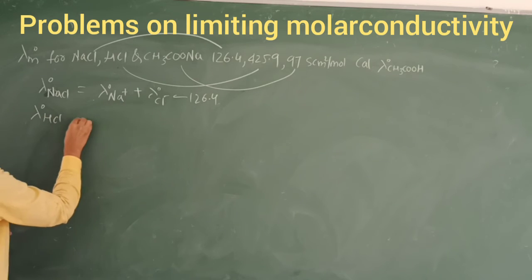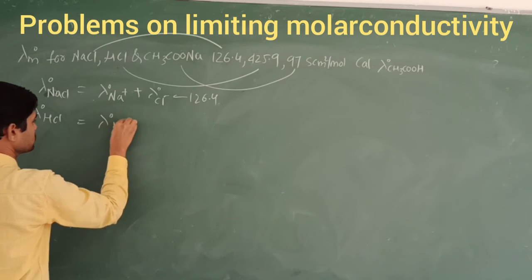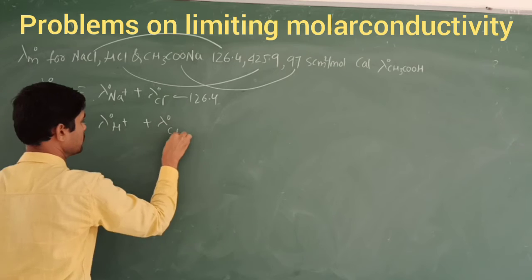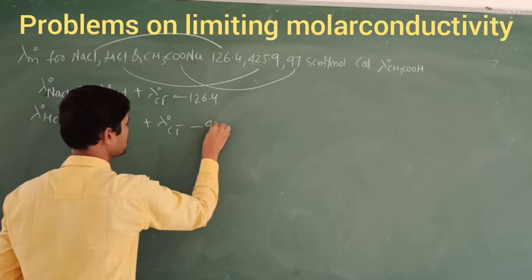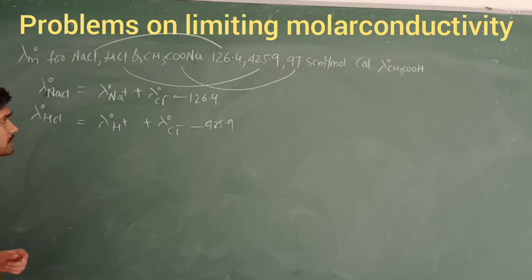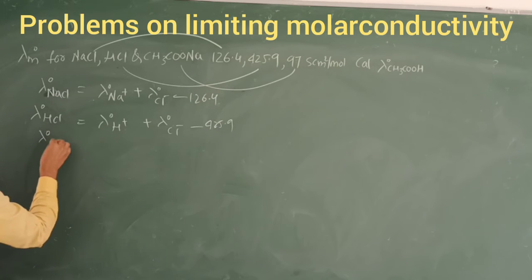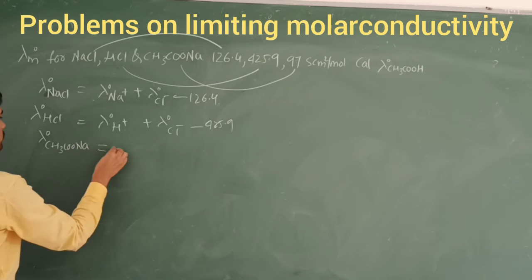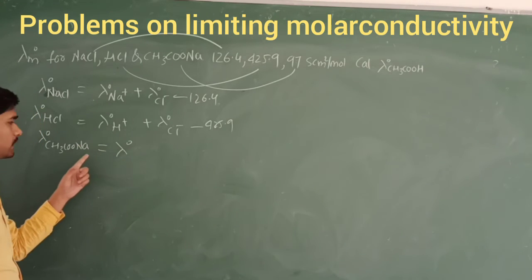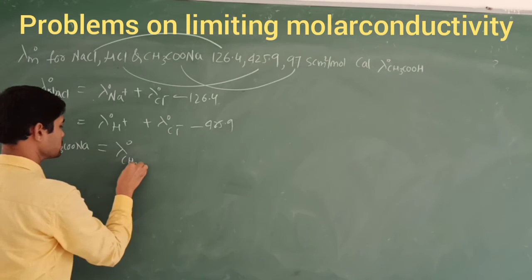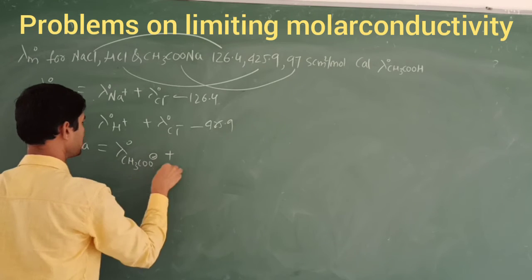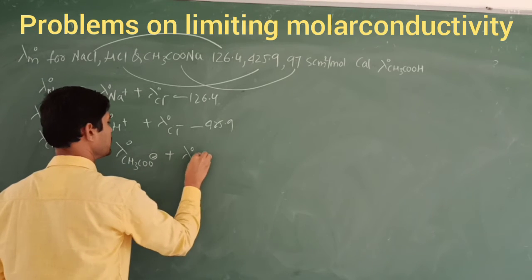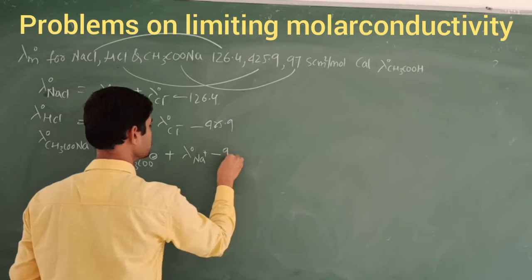HCl is nothing but the same separation of ions. The value given is 425.9 cm² per mole. The last one is sodium acetate. How do you write this? The limiting molar conductivity for the acetate ions, CH3COO⁻, plus Na⁺. What is the value? That is 97.